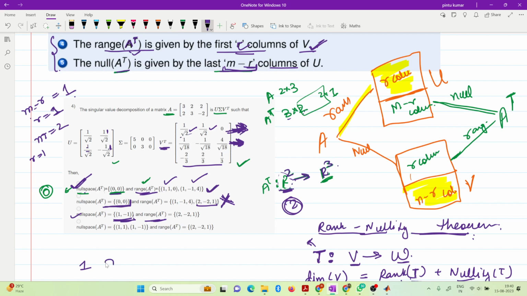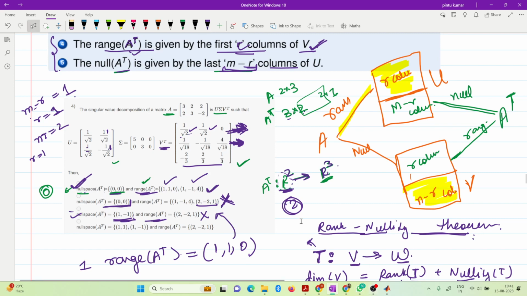So what should have been my range space of A transpose in the third case? That should have been just the first row of V transpose, which is equal to 1, 1, 0. So this option is incorrect, but if somebody would have replaced this with 1, 1, 0, then this option would have been correct.